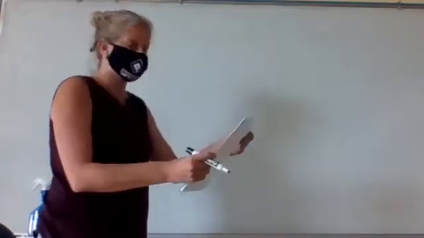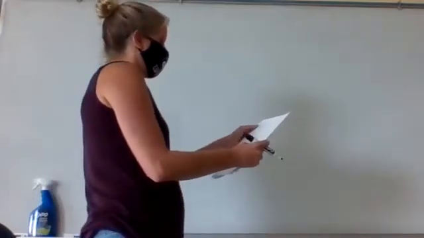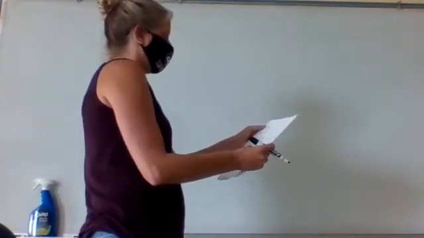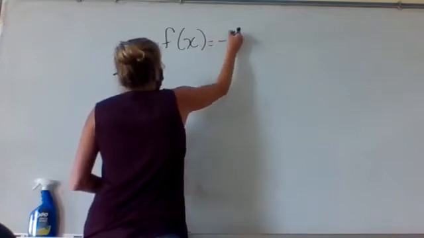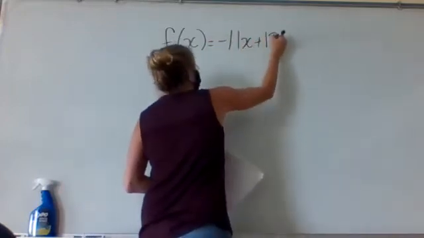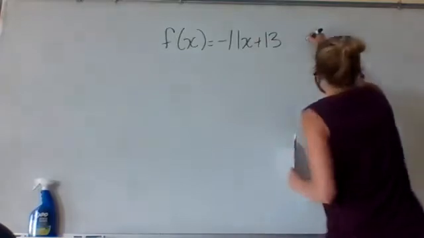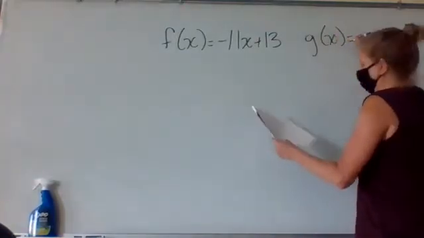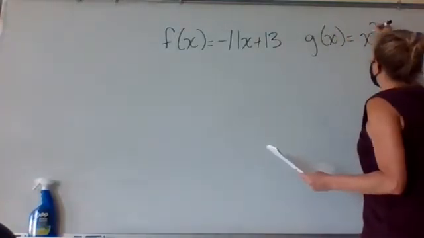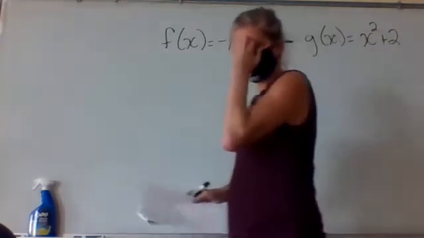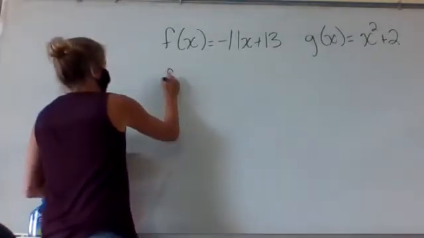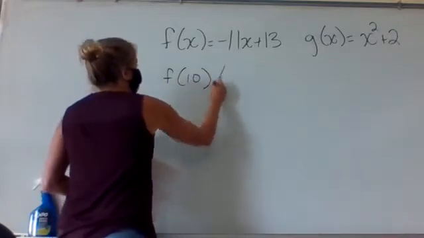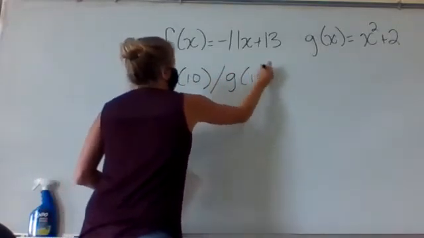On number 11, the functions are f of x equals negative 11x plus 13, and g of x equals x squared plus 2. So it gives me those two functions, and it wants me to find f of 10 over g of 10.